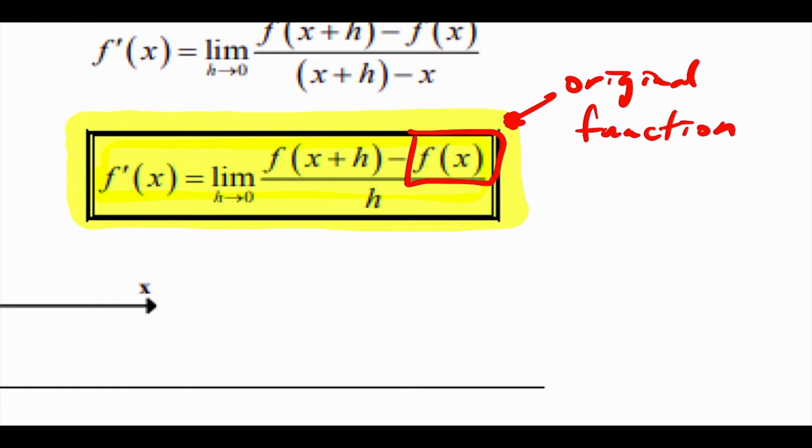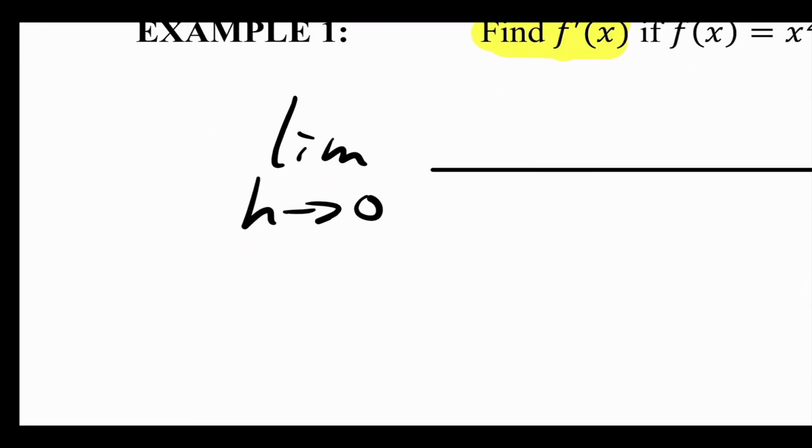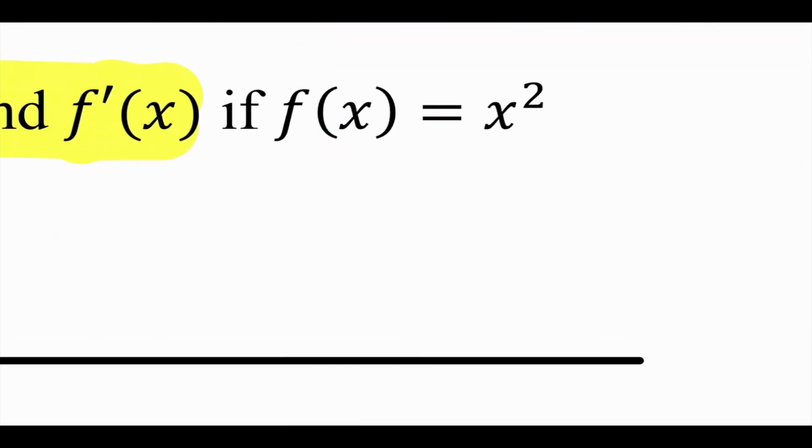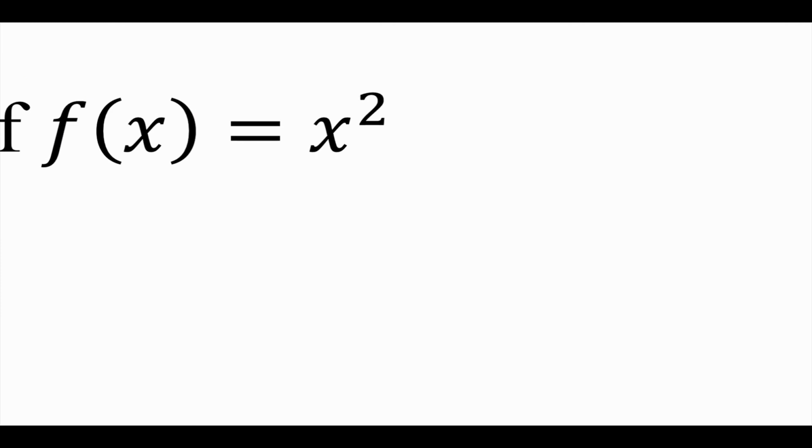Okay? So how in the world do we do x plus h? Well, let's see. Let's go down to this. f of x. If I were to change x and put a 2 in there, what would that 2 mean? What would I do with that 2?